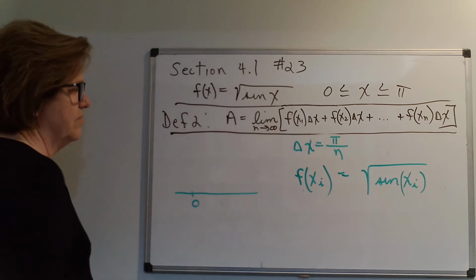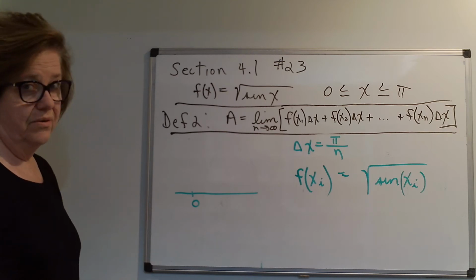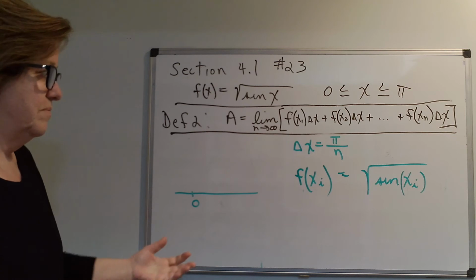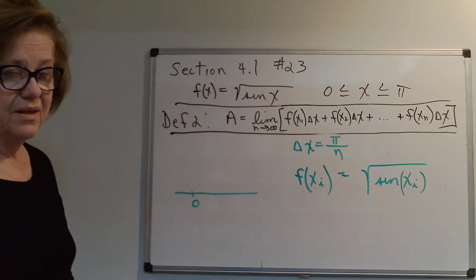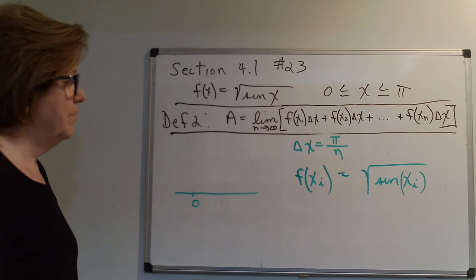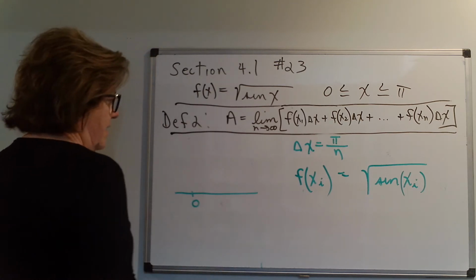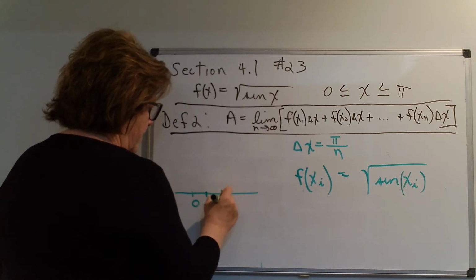Our rectangles start at 0. Let's say we're going to use the left-hand Riemann sums. It doesn't matter which sum you use because n is going to go to infinity and you're going to get the limit regardless of which one you use. So I'm going to say let's use the right-hand sum.